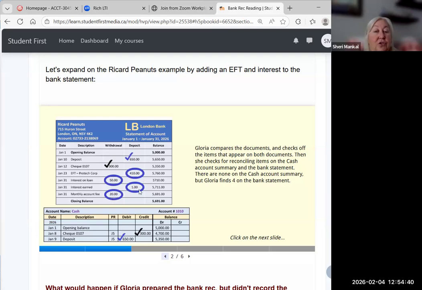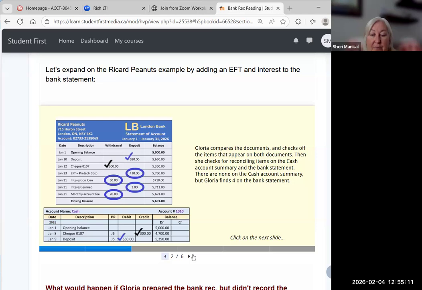Anything that I circle is something I'm going to have to journalize and post in my adjusting entries, okay? Anything that has check marks means it's already been recorded. Now, it could also happen that there'll be something down here in my ledger that's not in my bank statement. I would also circle that, and I would have to put that onto the bank rec statement as well as a change on the bank's side of things.